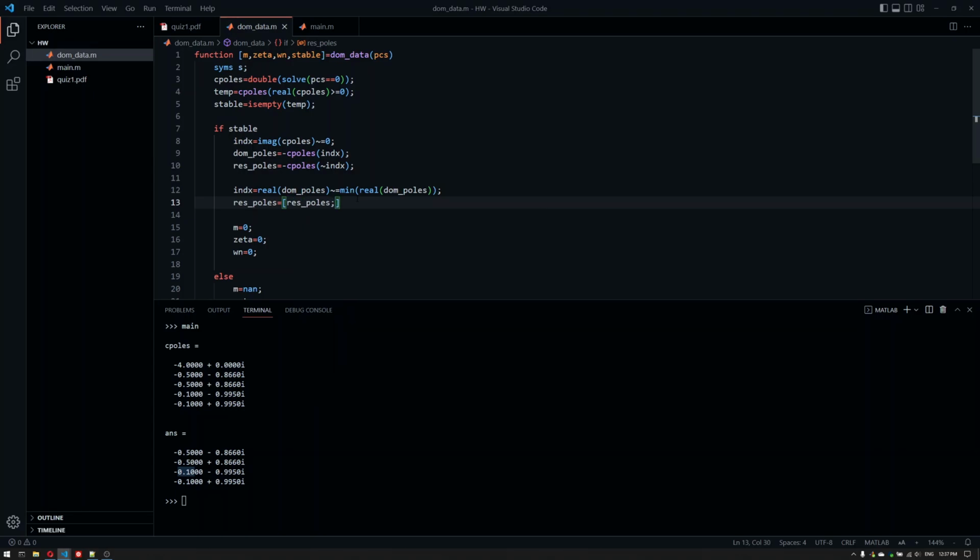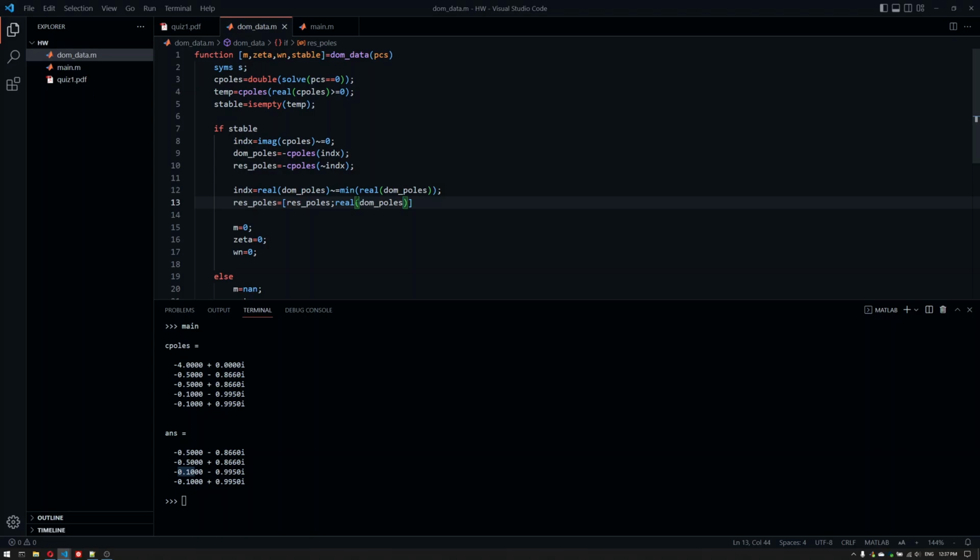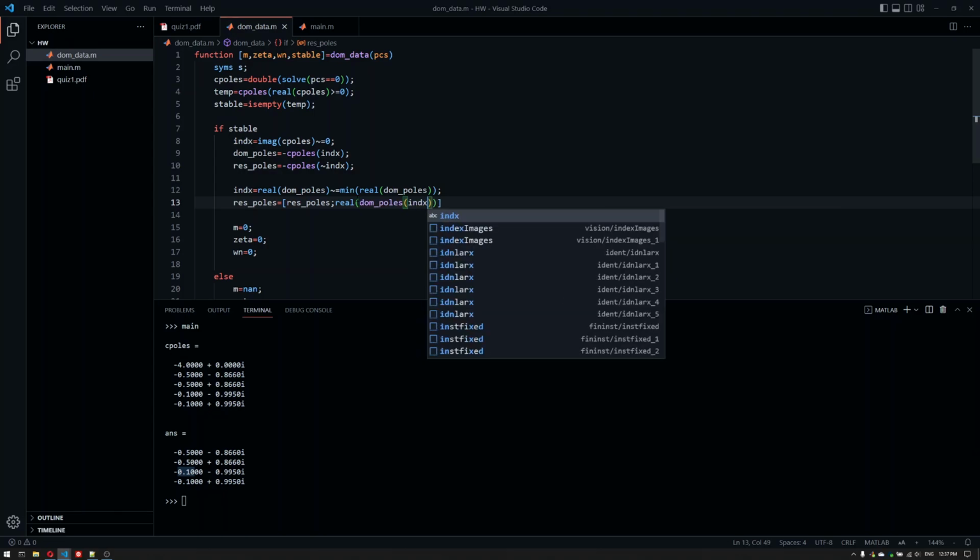Res poles, the real part of dom poles index.